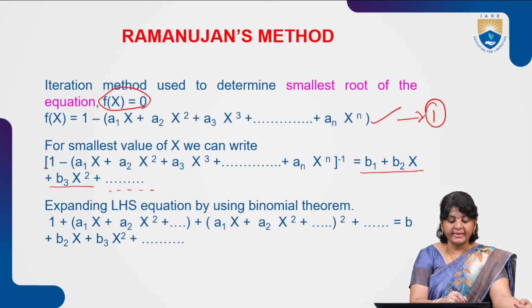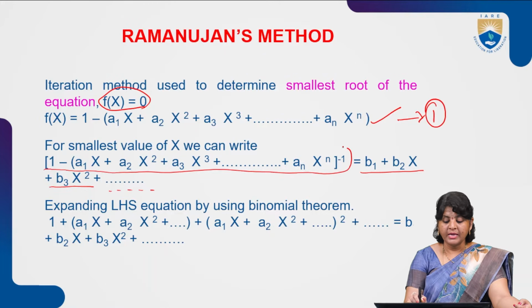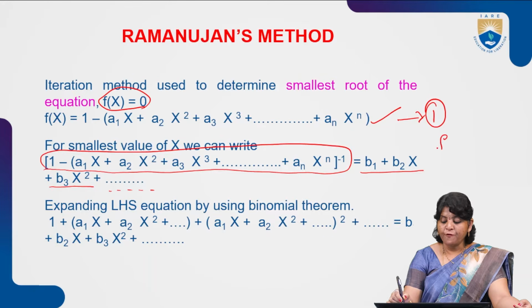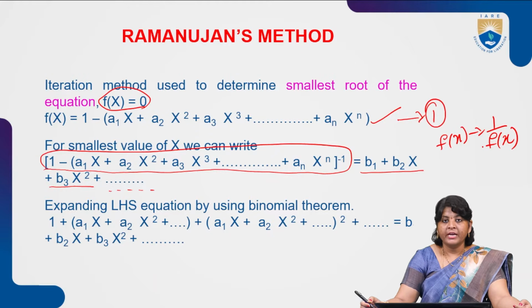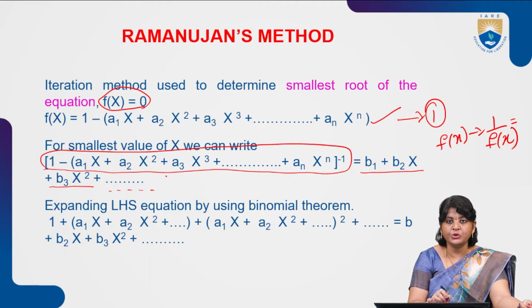So, which one are we comparing? The converted expression is equated with b1 plus b2x plus b3x square plus so on. If you observe carefully, we take f of x and make it 1 upon f of x, and this 1 upon f of x is compared with b1 plus b2x plus b3x square and so on.